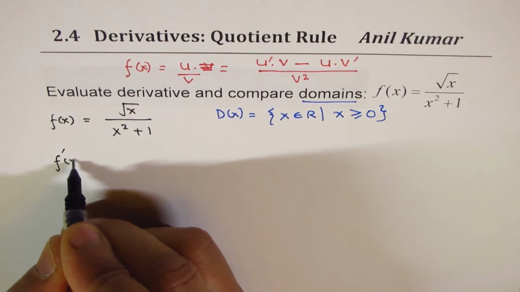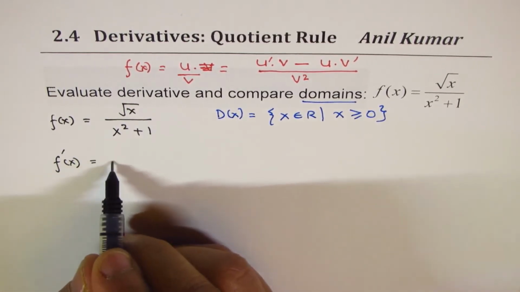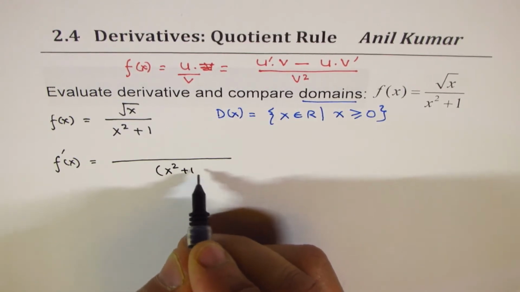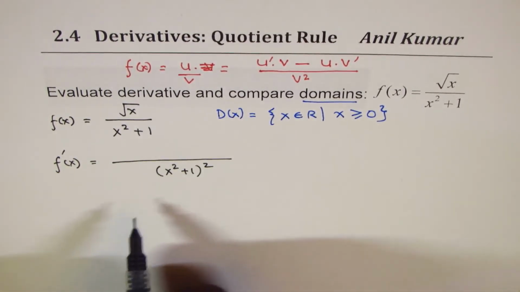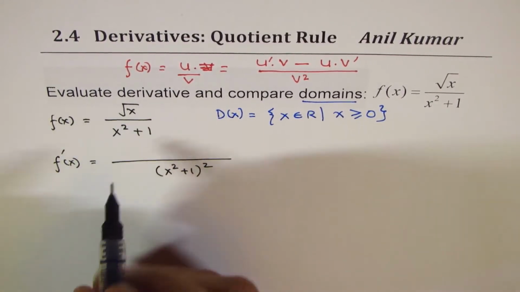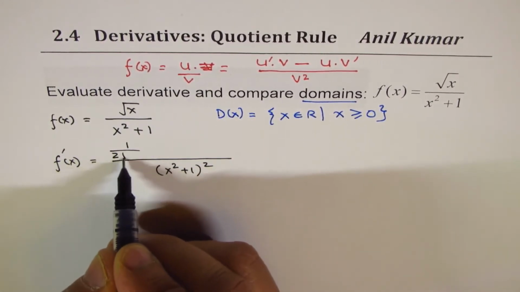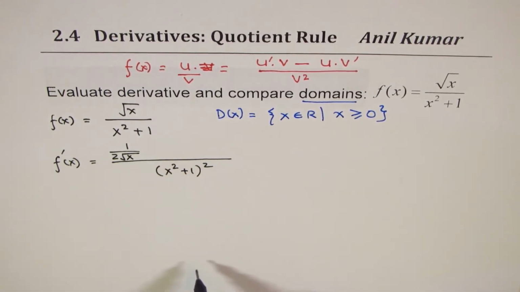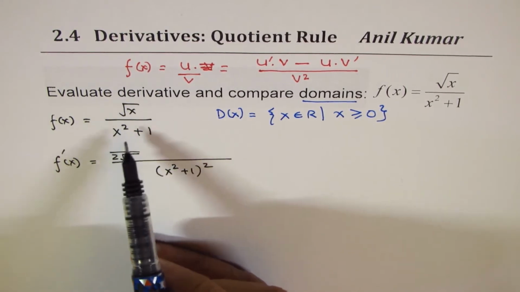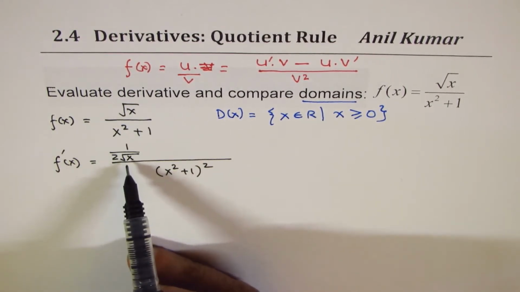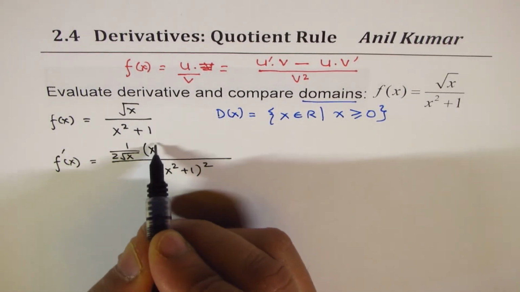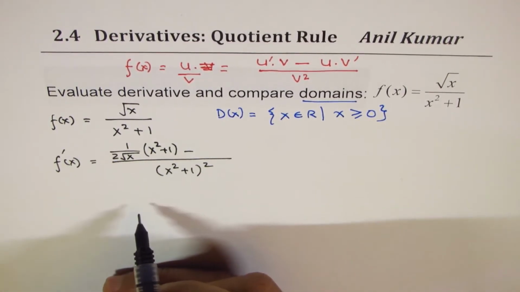So we have derivative of this function as square of the denominator, which is x squared plus 1 whole square. Derivative of numerator. So what is the derivative of this? It is 1 over 2 square root x. I hope by now you are an expert in finding derivatives, so we're not getting into intricacies of how I get this. Times the v, which is x squared plus 1, take away.